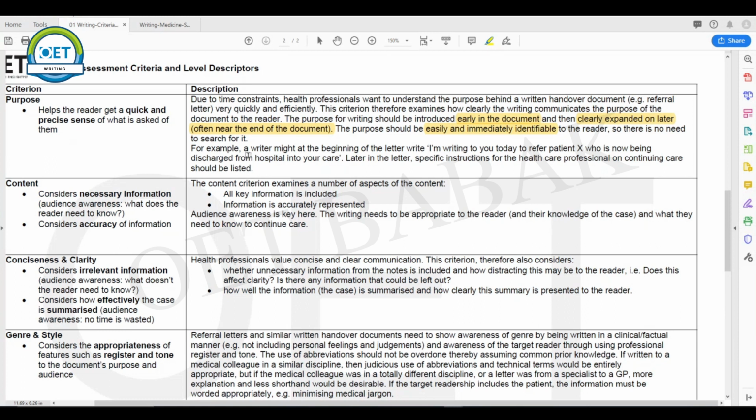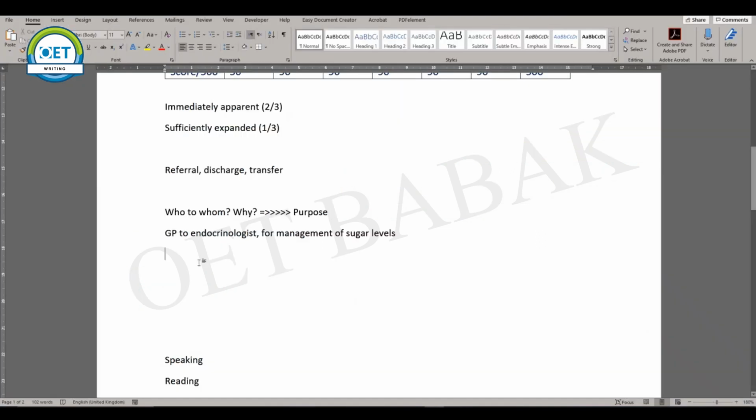Later in the letter, specific instructions for the healthcare professional on continuing care should be listed. So if we use the same format, I'm writing to, that's the easiest way of writing a purpose. So I say, I am writing to refer Mrs. Priya Sharma for further management of her sugar levels.